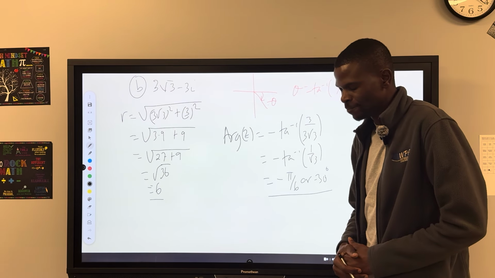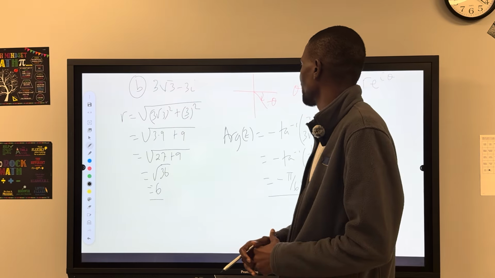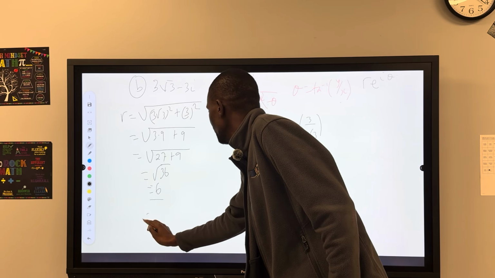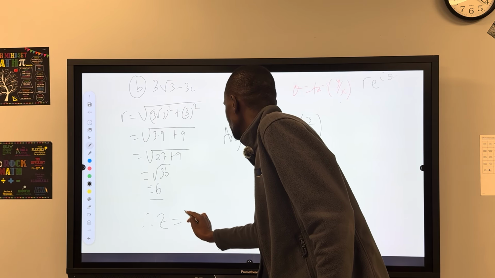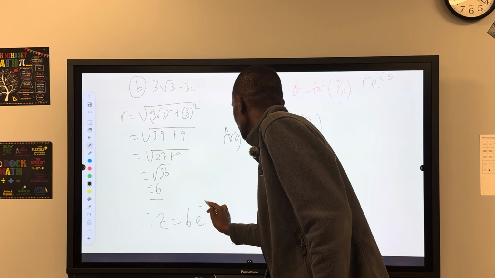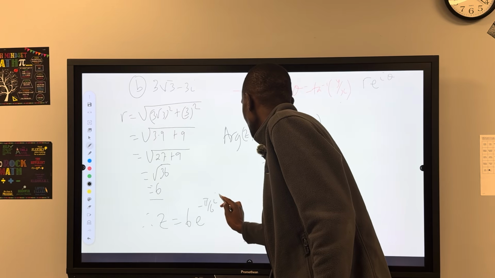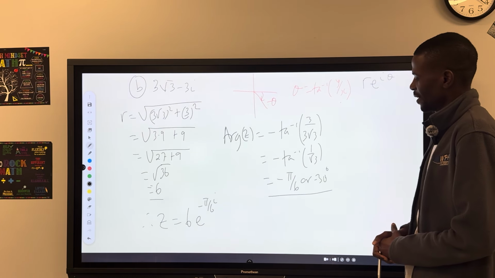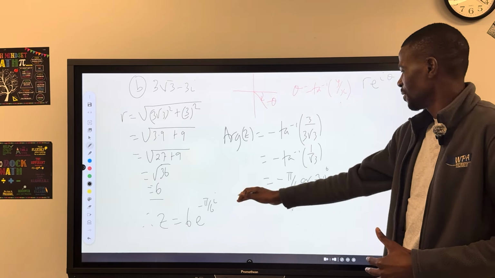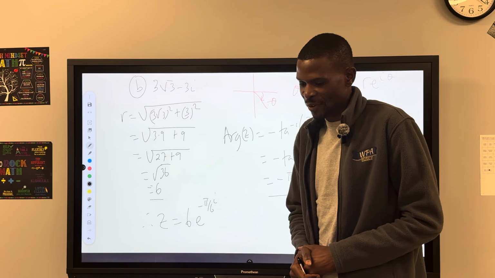So that is the argument. Therefore, z is equal to 6 e to the negative pi over 6 i. I prefer to work in radians, so let me leave it there.